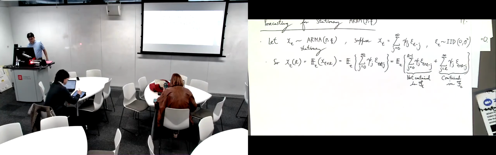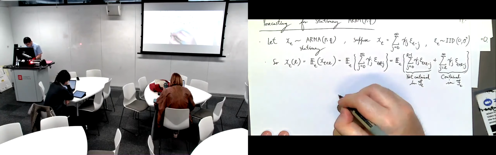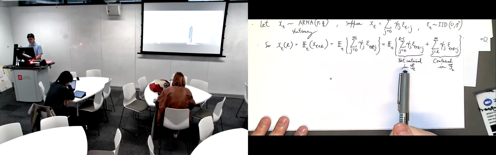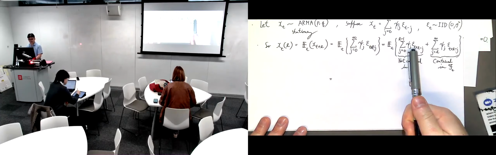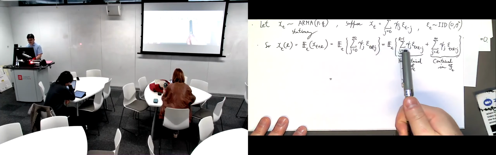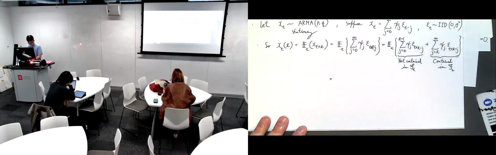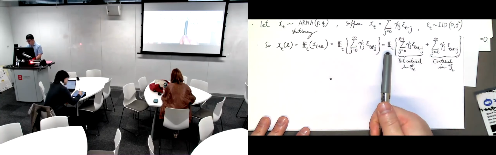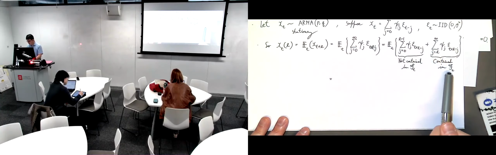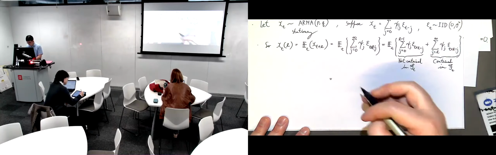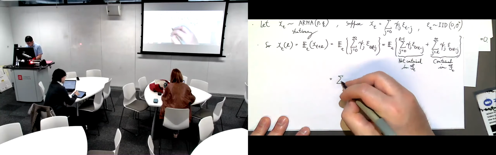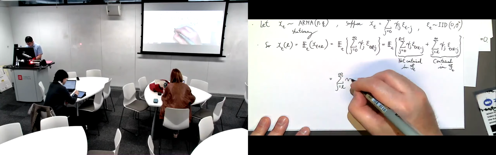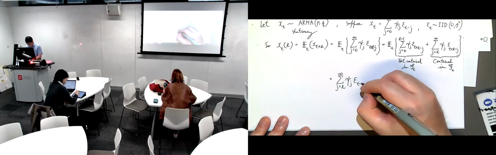So you know that already. When you do conditional expectation like this, for something not contained in Ft, this basically becomes marginal expectation. The marginal expectation of this, of course, is 0. And for conditional expectation up to time t, for something contained in Ft, this becomes a constant. So the value of this expectation is just this, okay?